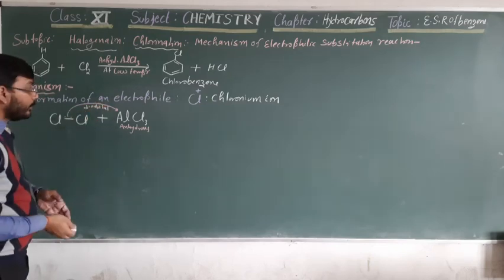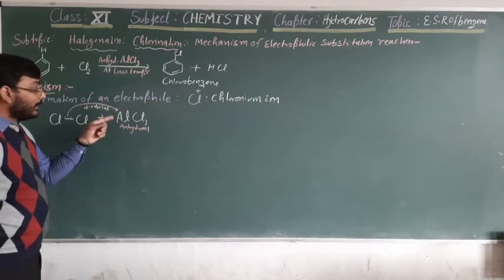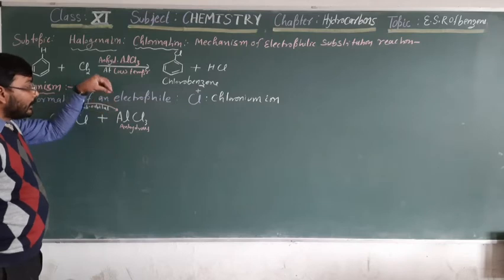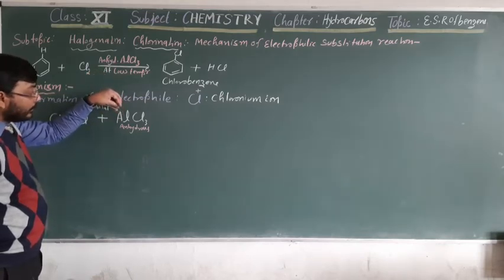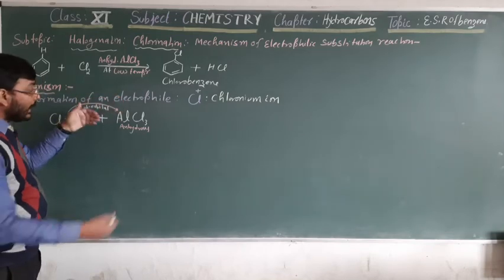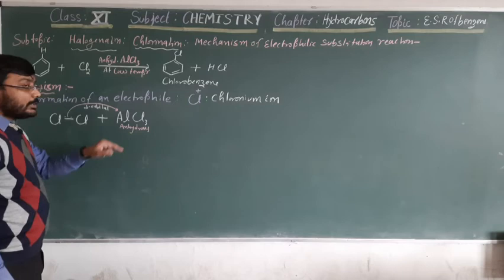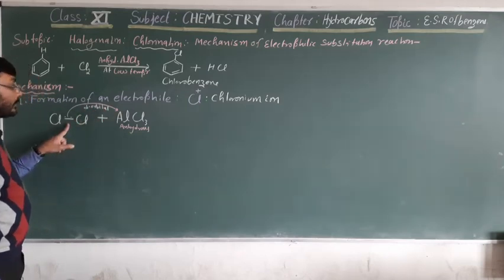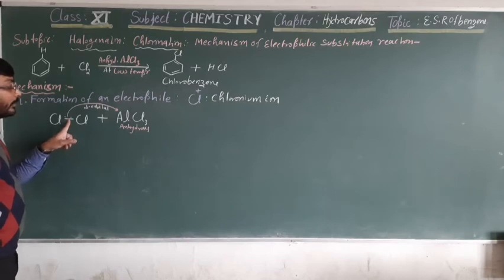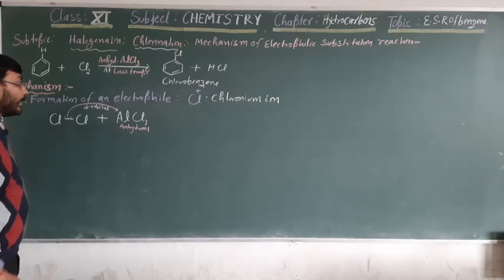As I told you, if we take hydrated aluminum trichloride, then the lone pair of oxygen is present and aluminum chloride is bonded with the water. So there is no vacancy to take another electron, and the electrophile will not form if you take hydrated aluminum chloride.